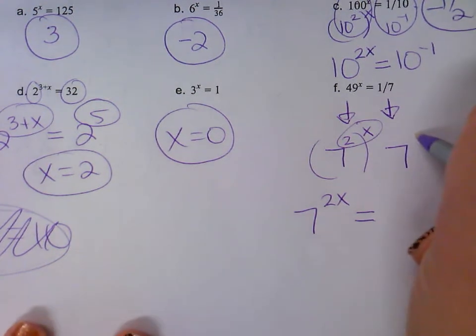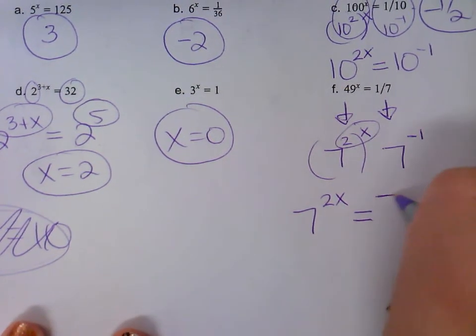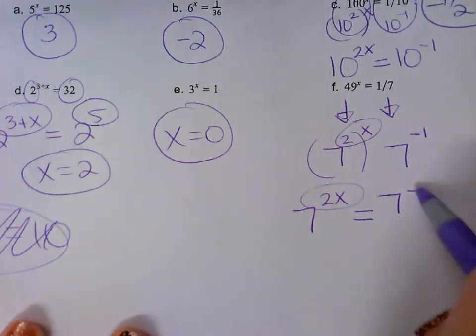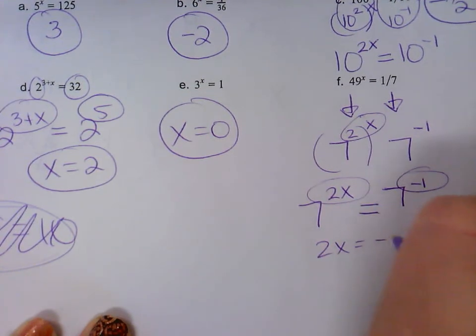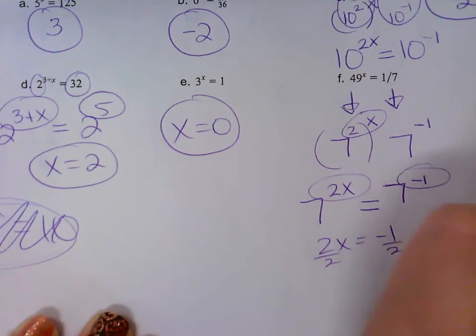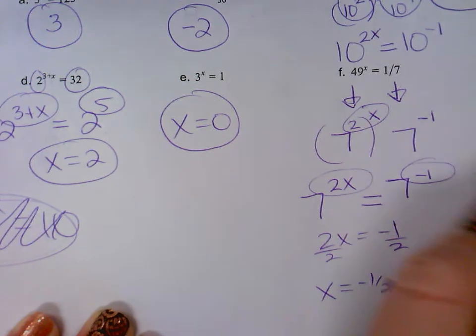It would be 7 to the negative first power. Then you can set your exponents equal to each other. So this time it's going to be negative 1/2 again, isn't it? 2x equals negative 1, divide by 2, x equals negative 1/2.